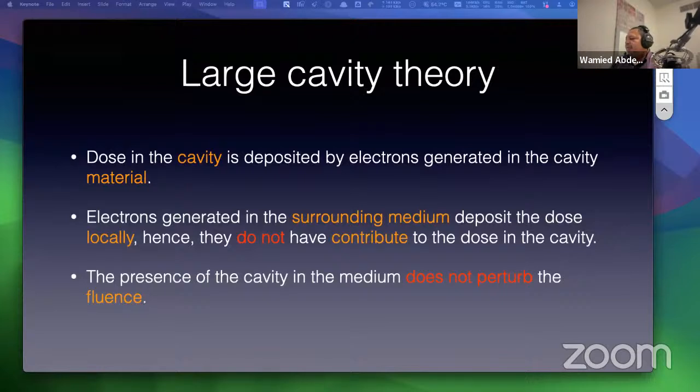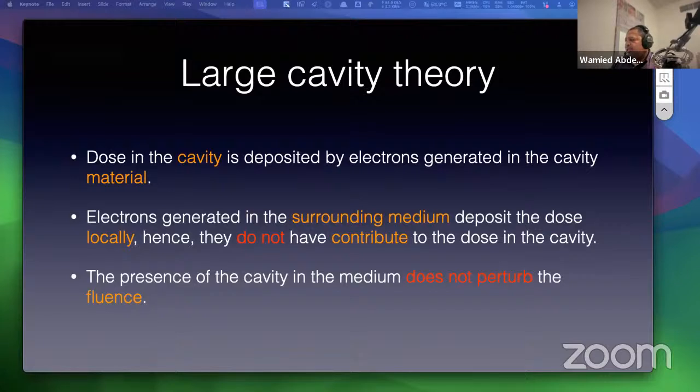Basically, the dose in the cavity is now deposited by electrons generated in the cavity material. So if we have charged particles produced outside of the cavity, the assumption is that these charged particles will deposit their dose locally. They will not have sufficient energy to enter inside the cavity, and then the dose in the cavity will be produced by charged particles created in the cavity.